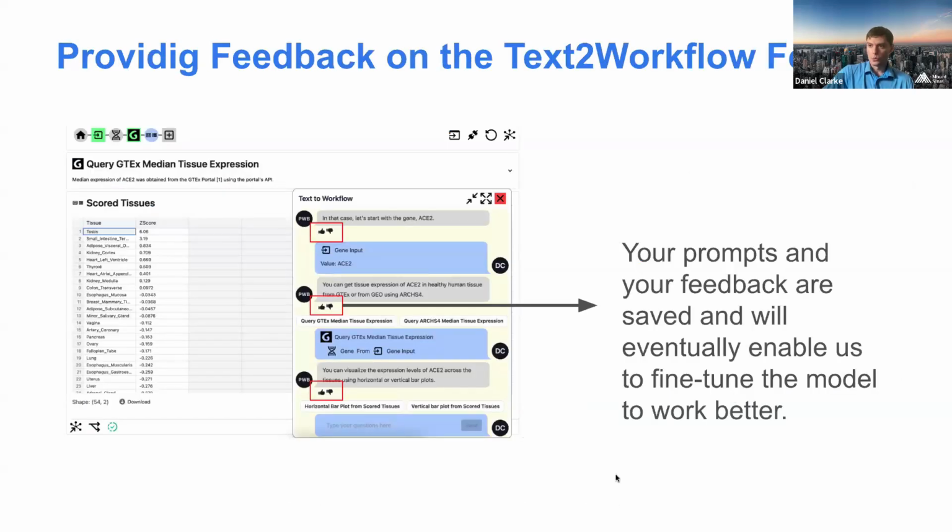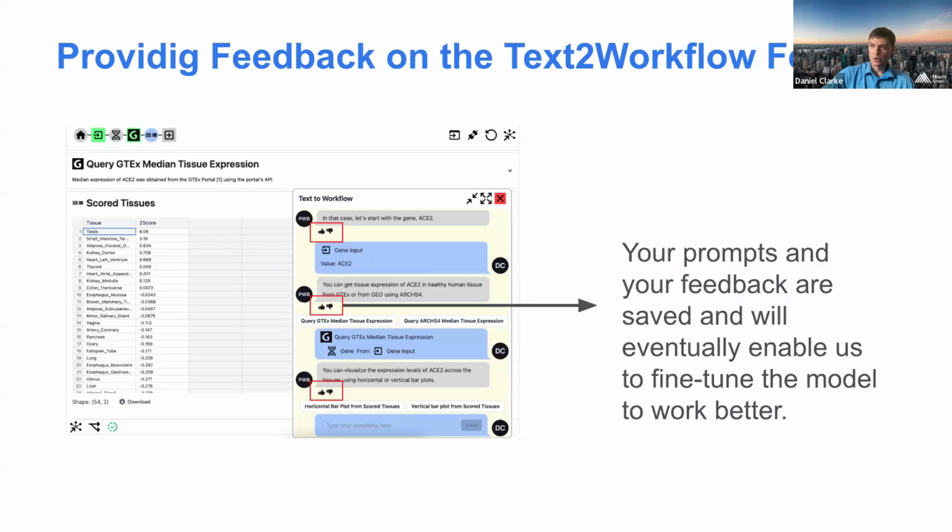Another important way you could help us with the platform is by providing feedback on this text to workflow feature that I demonstrated. Importantly, we're really just at the surface of this type of feature.